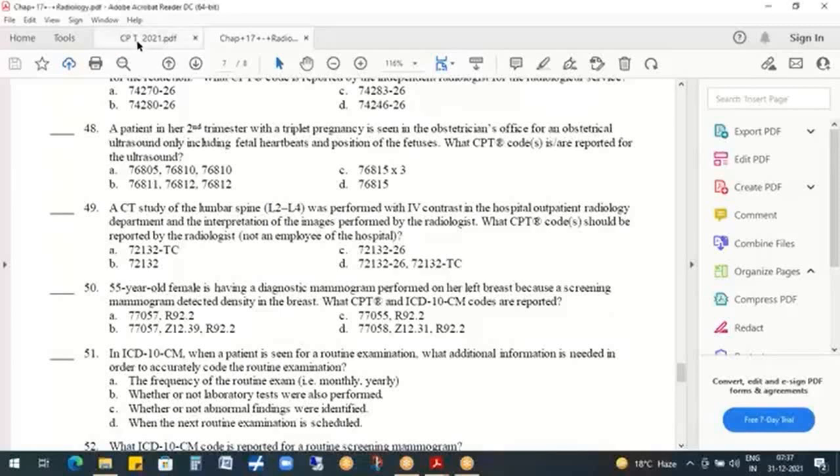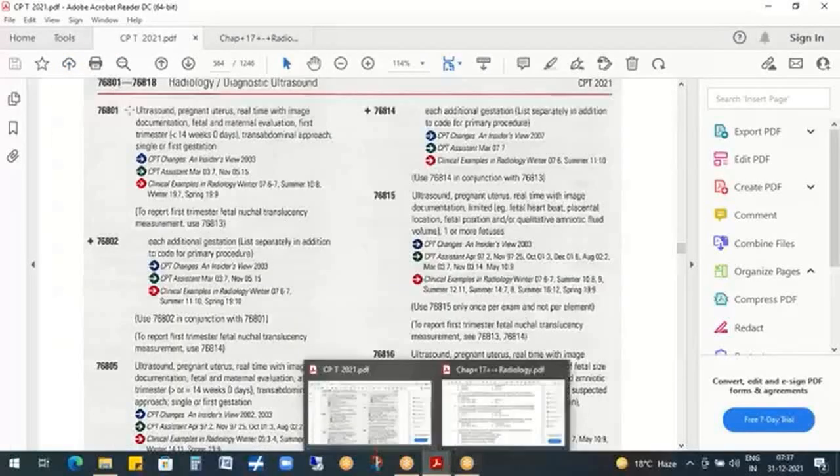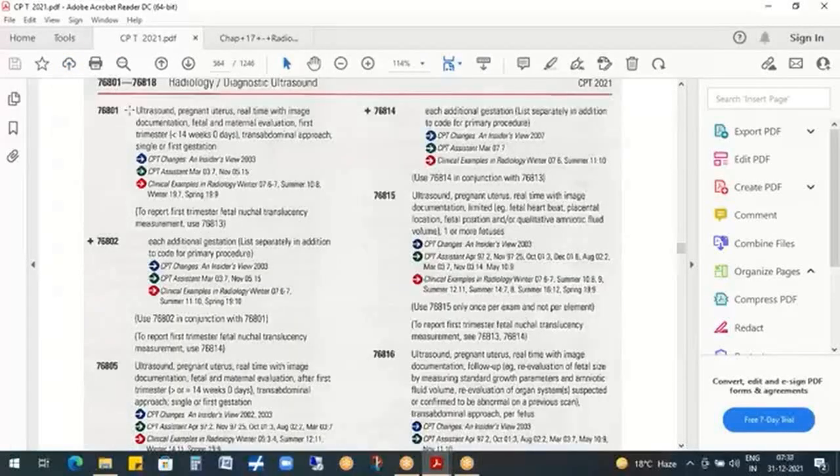Next concept, brachytherapy. Write down brachytherapy.